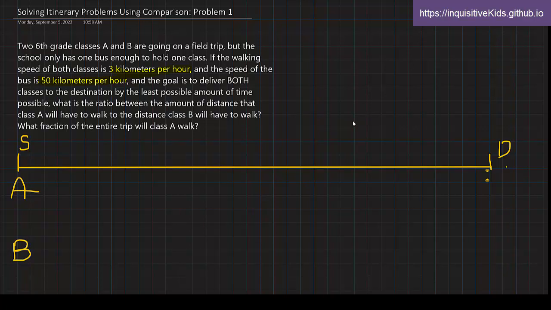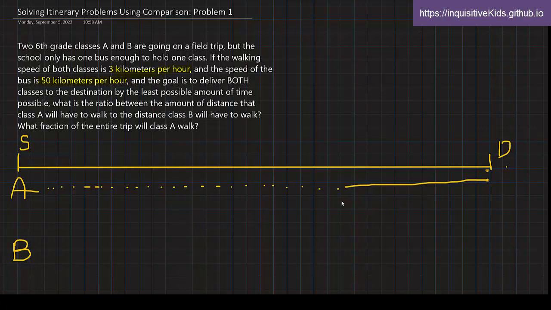So let's first make a sketch that roughly captures the entire scenario. We know that first class A hops on the bus and goes and stops right here. And then for the rest of the journey, they're walking.